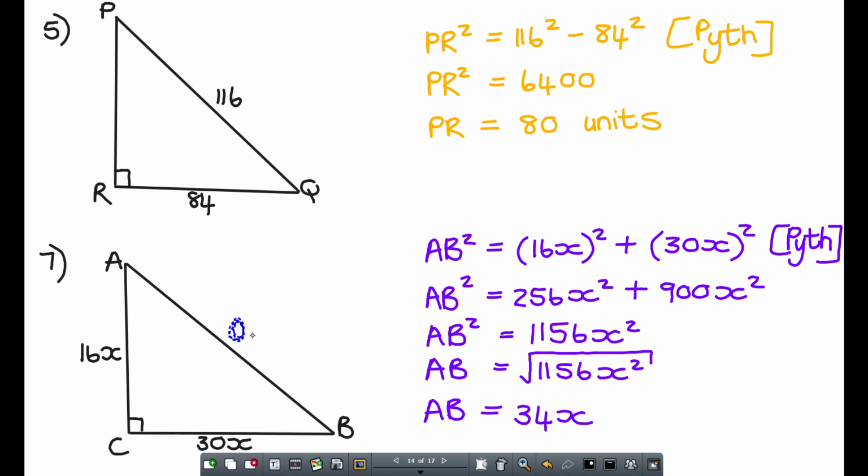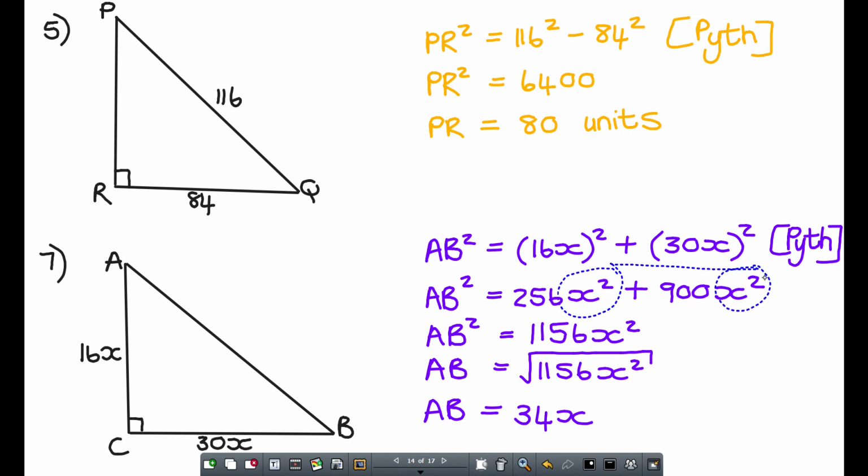Because you're saying that this is then x. They didn't say that. They said express the length of AB in terms of x. No, in terms of x means that it's not going to be just a number. It's going to look like almost an equation. It will have an x in it. Okay. Right, then 30x squared, that whole thing, is going to be 900x to the power of 2. Now you will see that they both have x to the power of 2.